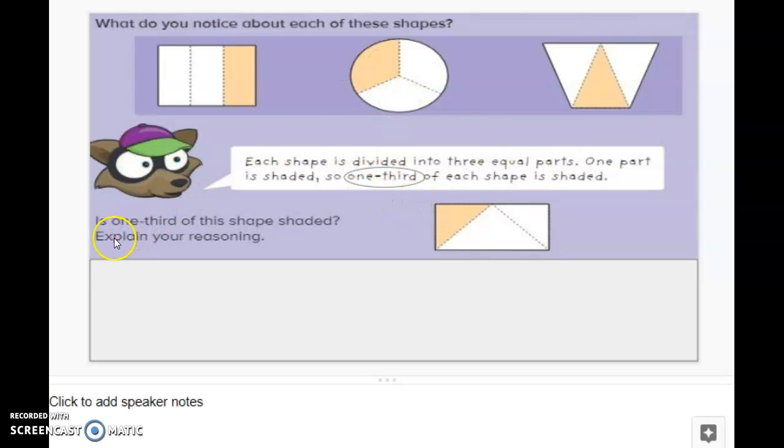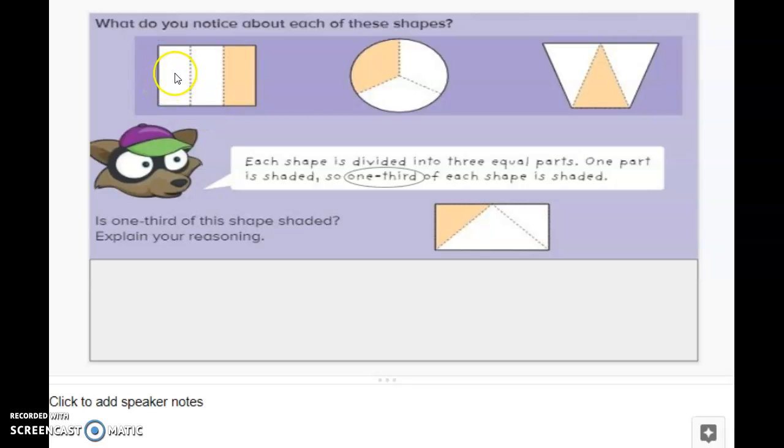So here's a question. Is 1/3 of this shape shaded? Looking right here. Explain your reasoning. Well, you don't have to type anything right now, or at all, actually. But I want us to talk about this because up here it was important that each part was equal.